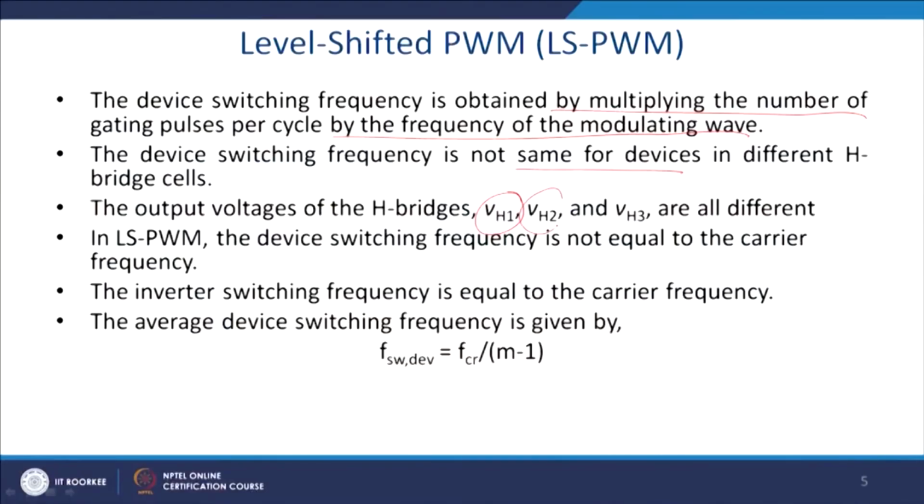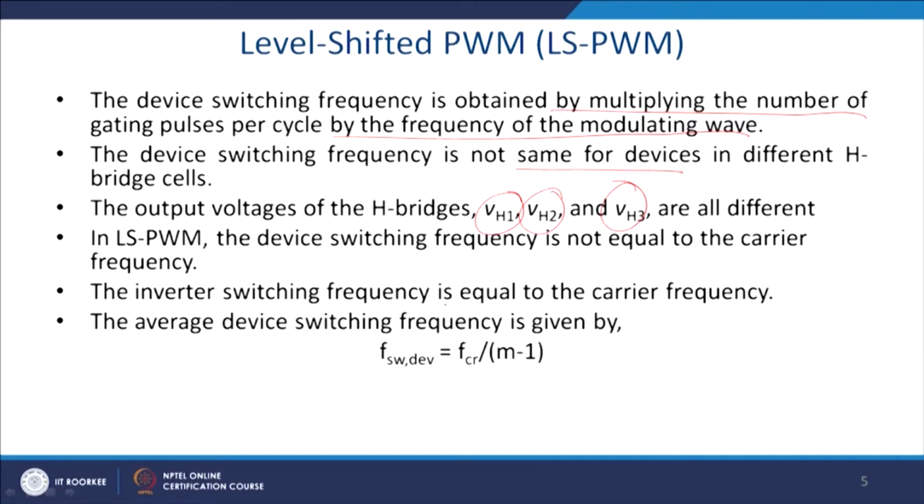Output voltage of this H bridge, VH1 and VH2 and VH3 are all different as we have seen, and in the level shifted PWM, the device switching frequency is not equal to the carrier frequency and it is different.